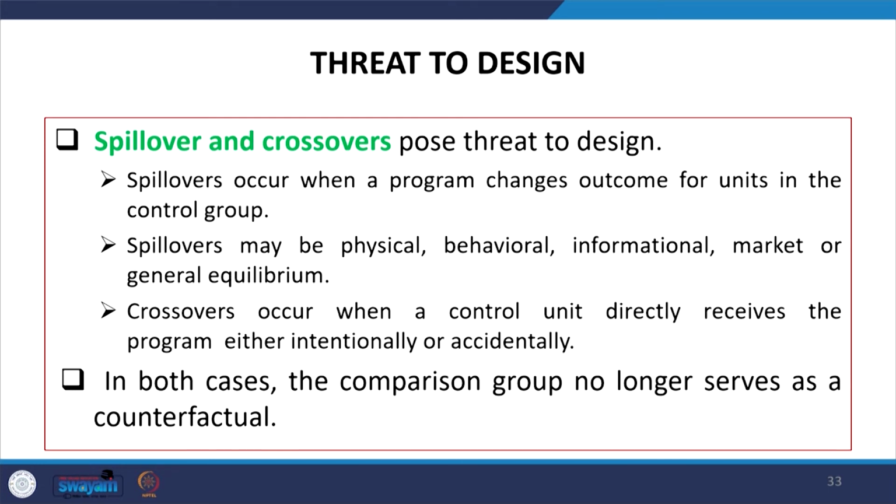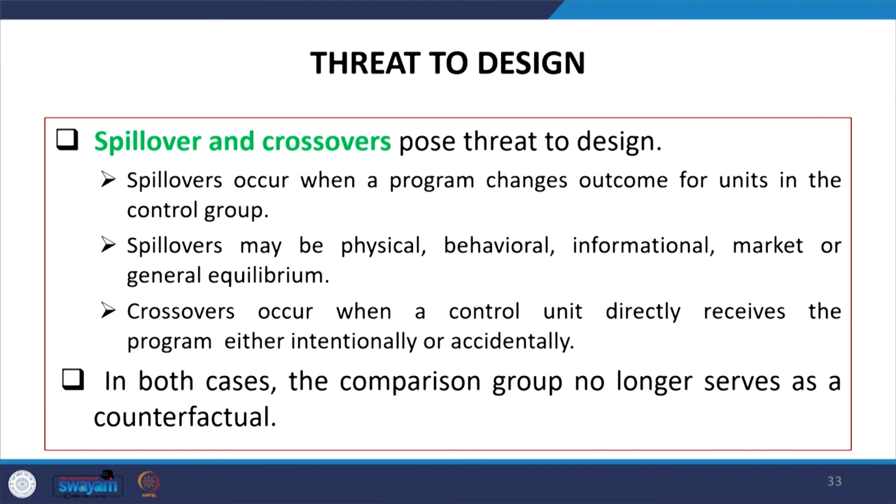If the program changes and has some effect in the control group, then the spillover impact may create some problem. Spillovers may be physical, behavioral, informational, market or general equilibrium based, whereas a crossover occurs when a control unit directly receives the program either intentionally or accidentally.